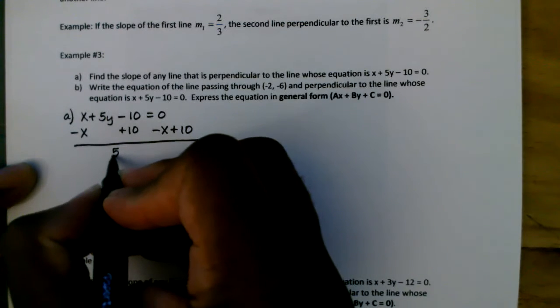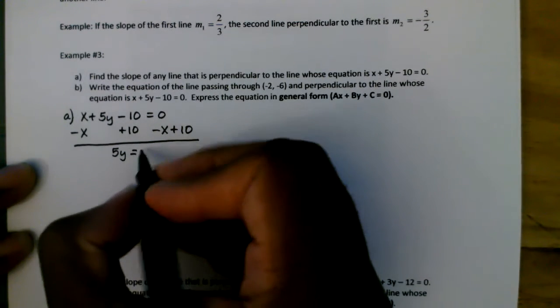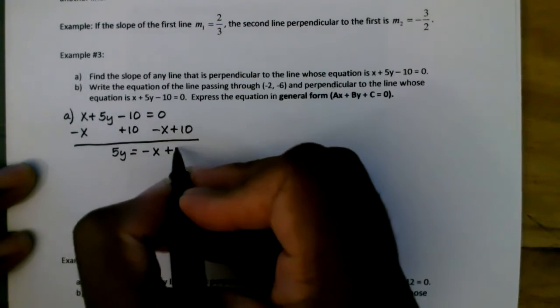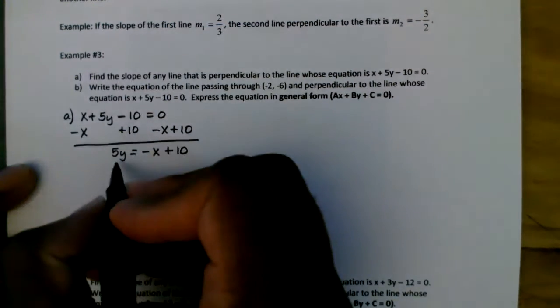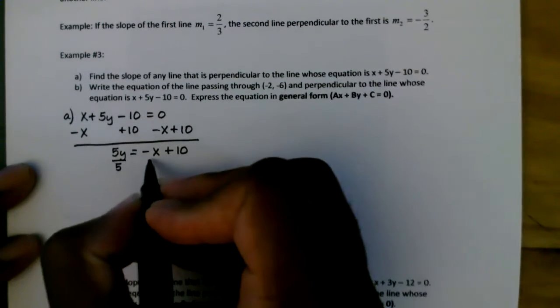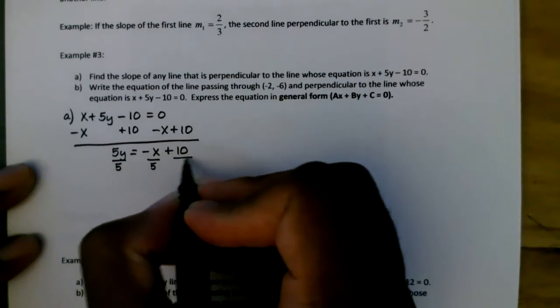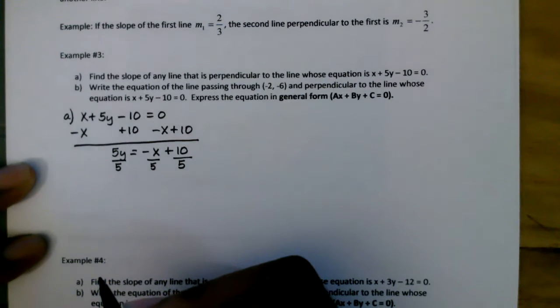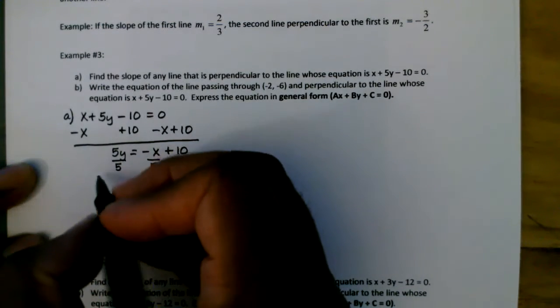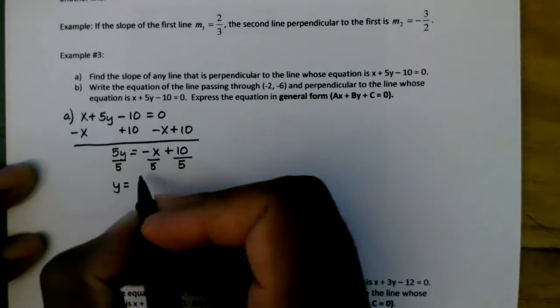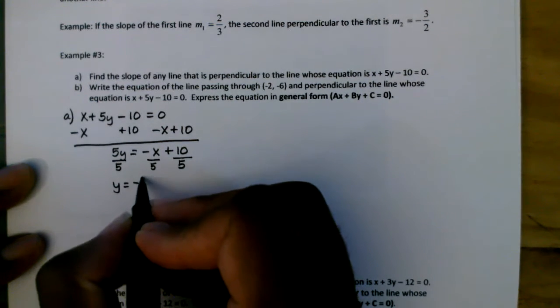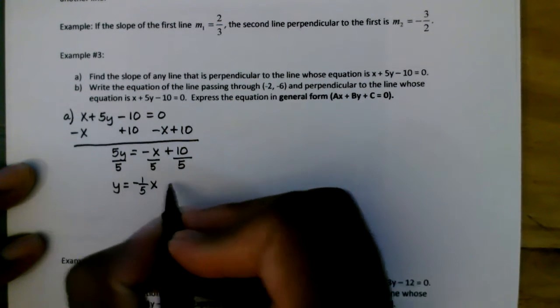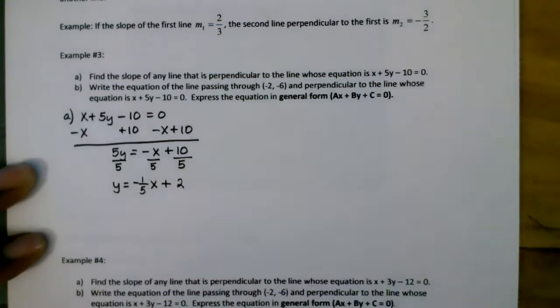So that means I'm going to have 5y here, and that's equal to negative x plus 10. And then to solve for y, we're multiplying by 5, so let's divide each and every term in this equation by 5. So that means we're going to have y is equal to, and there's a 1 in front of the x, so this is like negative 1/5 x, plus 10 divided by 5 will be 2.